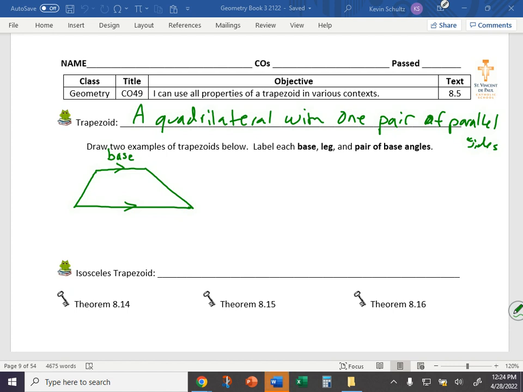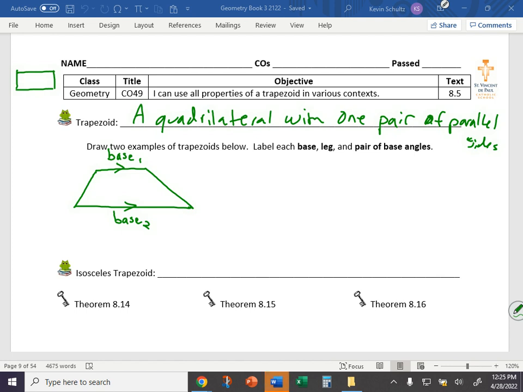It doesn't really matter which is which, but typically the shorter base is base 1, the longer base is base 2. The bases will never be the same length, because if they were the same length, the only way to connect them is with vertical lines, and now you've got yourself a rectangle, right? So they will never be the same lengths, base 1 and base 2.